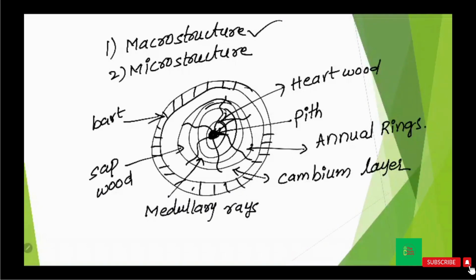This layer is called bark, outer bark and inner bark. This is the cross section of the wood of an exogenous tree.